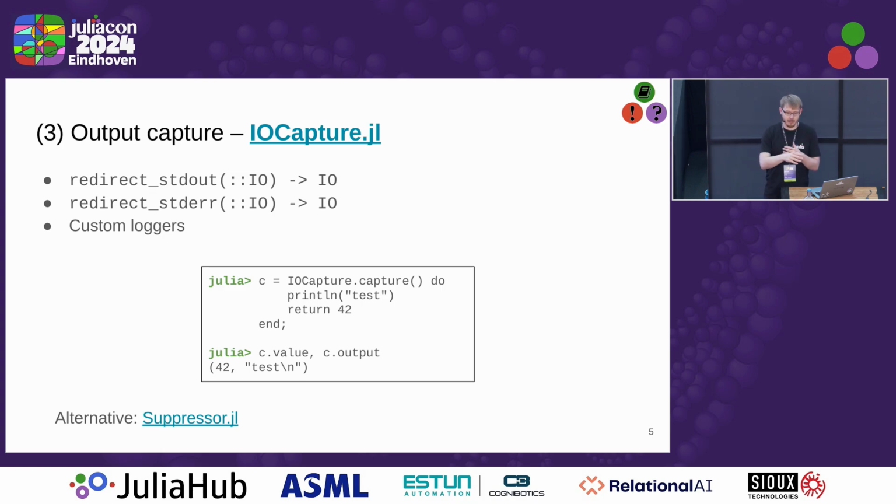And what you get back is a nice object where you can access the return value and the captured output and so on. I do also want to mention there's an alternative package called Suppressor.jl, which works the same way and does the same thing, just with a different, macro-based syntax. So I want to plug that as well.